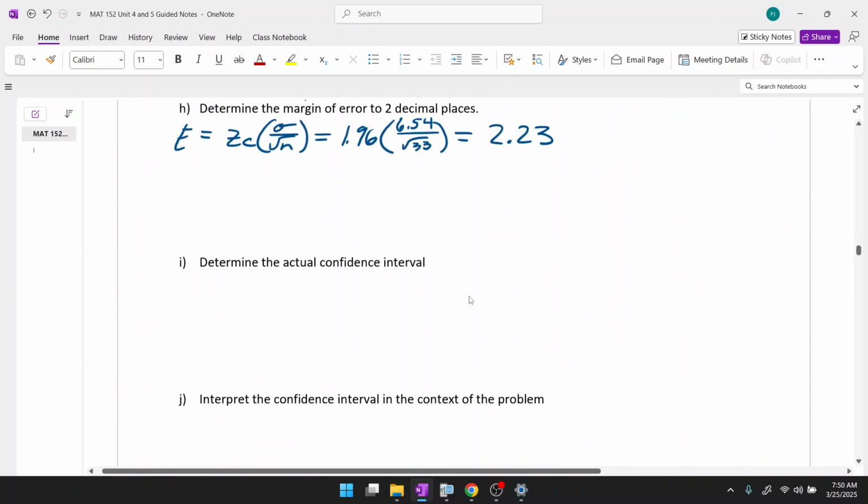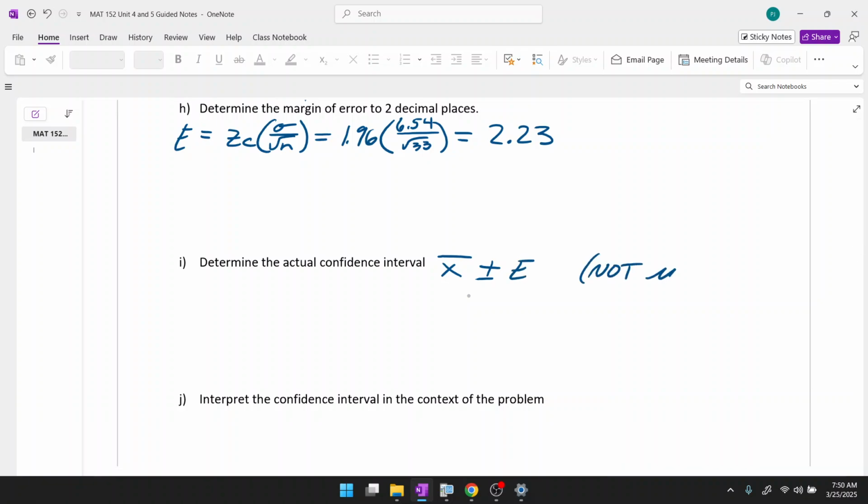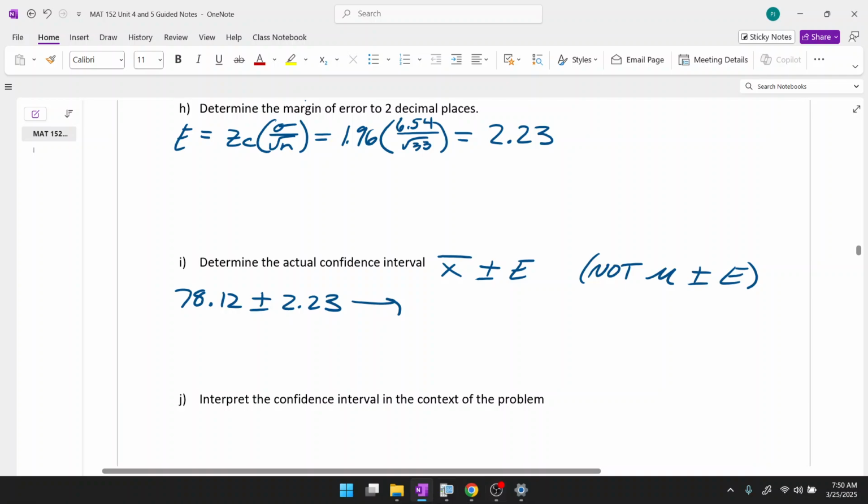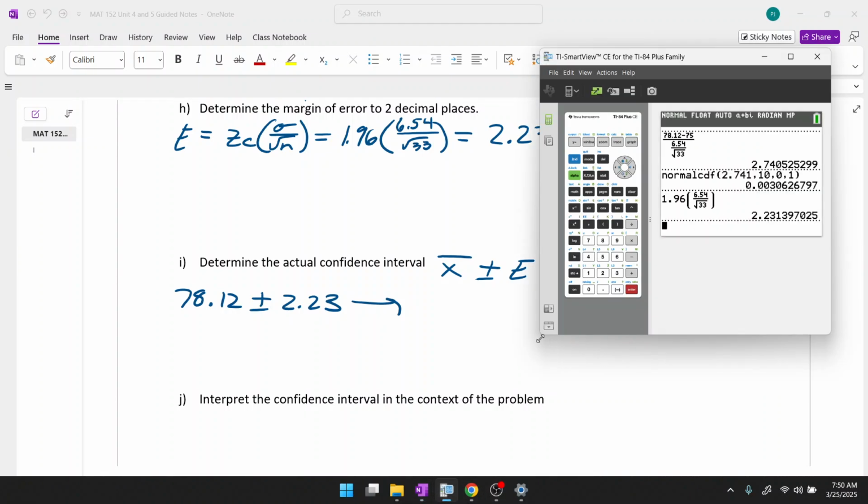So now the confidence interval in and of itself is your sample mean plus or minus your margin of error, not the population mean plus or minus your margin of error. So you would take 78.12 plus or minus 2.23, and that means you're going to get a low value and a high value.